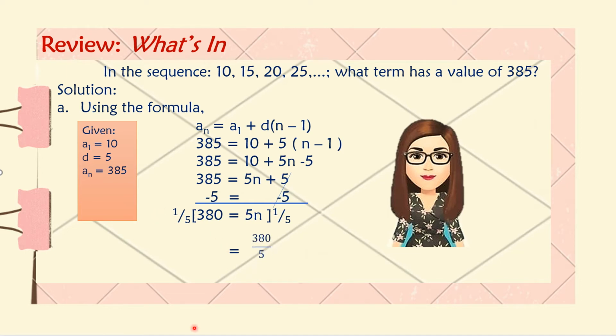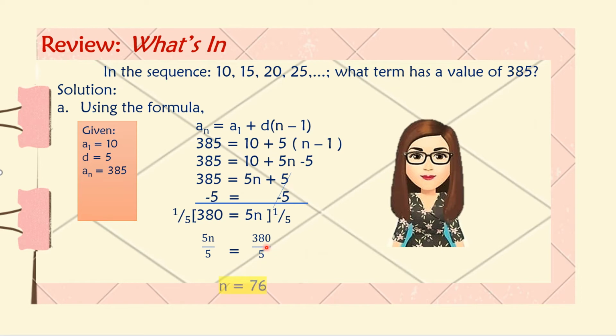So, we have 380 over 5, and 5n over 5. Pag minultiply natin both sides sa 1 over 5, 5 divided by 5, n na lang yung matitira.